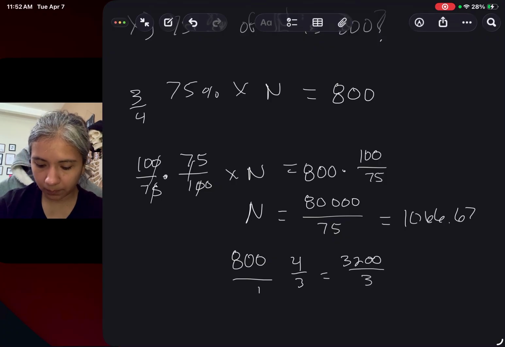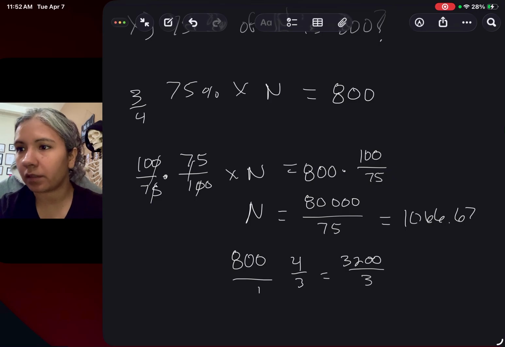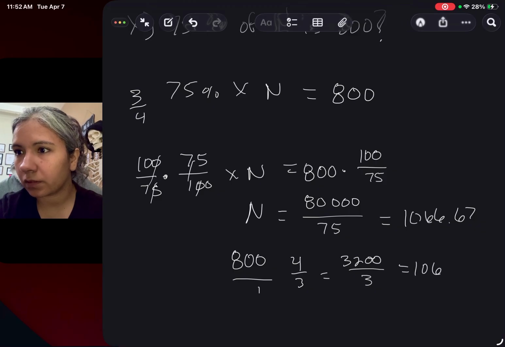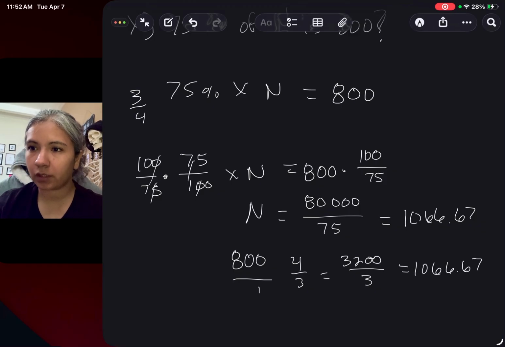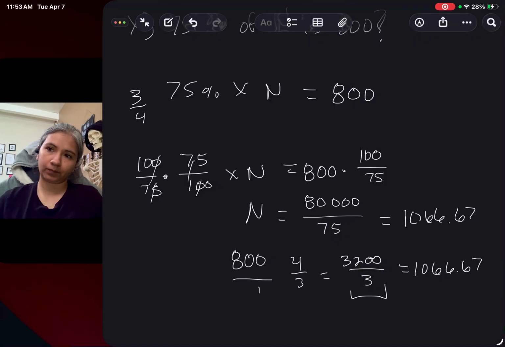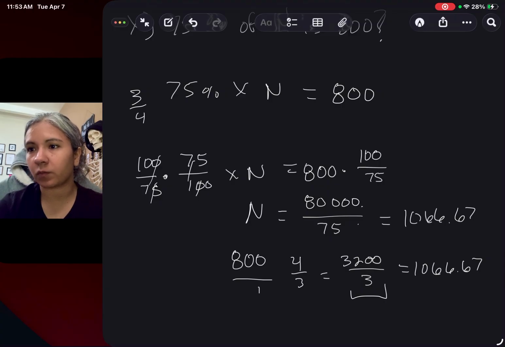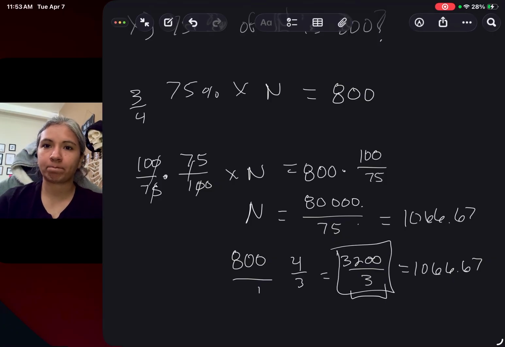Divide that by 3, which still gives us the same answer as the top one. But this is more reduced, I guess. You could have done 80,000 and divided that by 25 to get it. Divided these two, simplified it by 25 to get it into this form too. So there are different ways to do these a little bit.